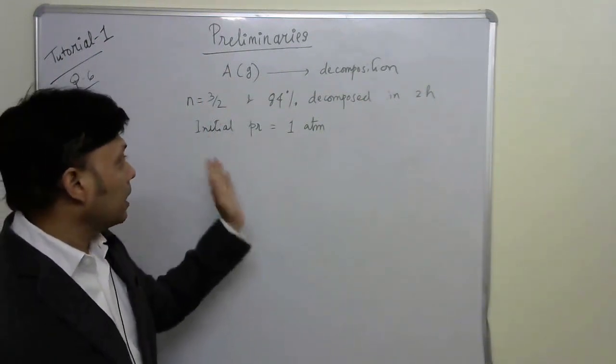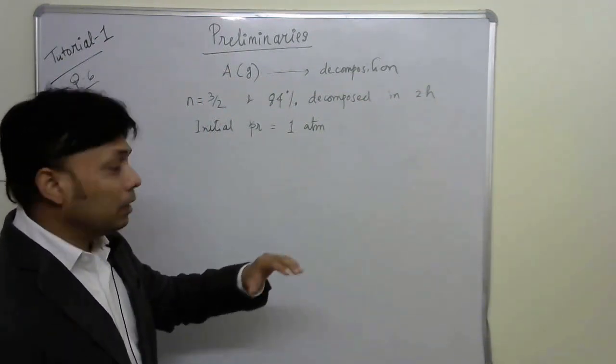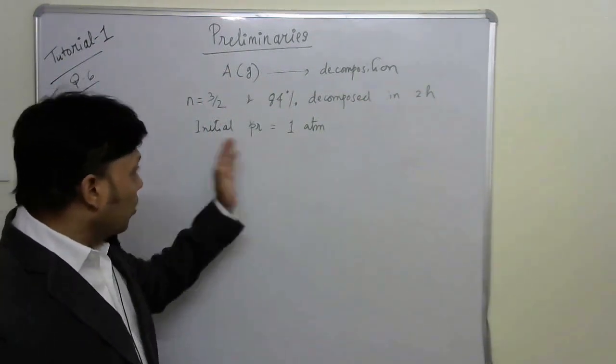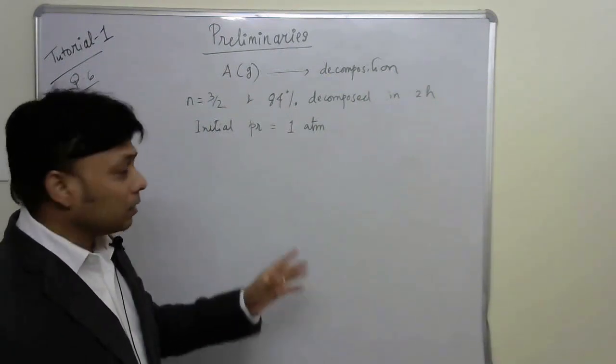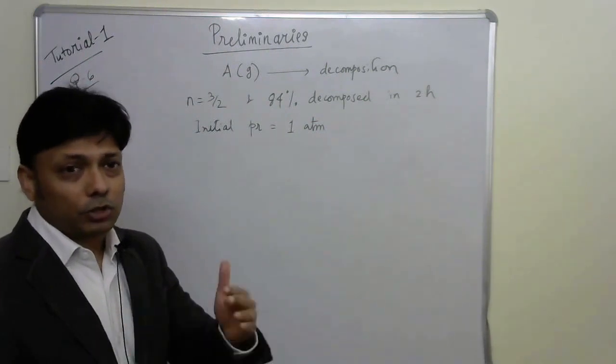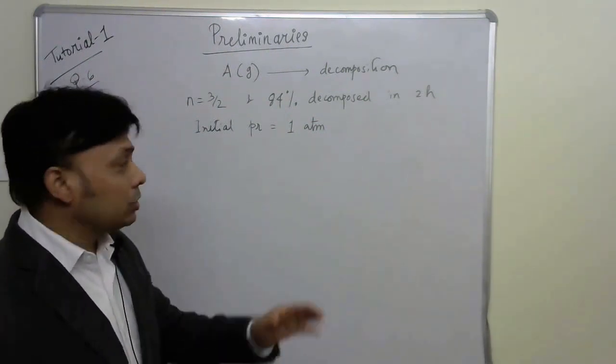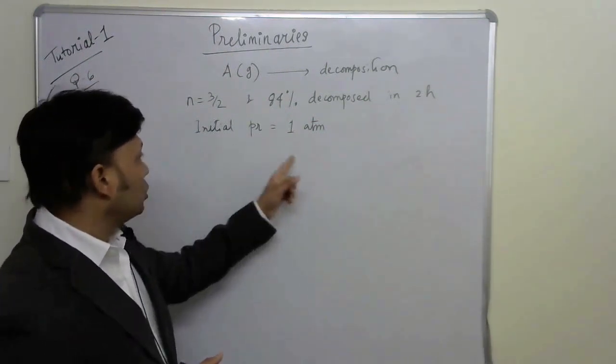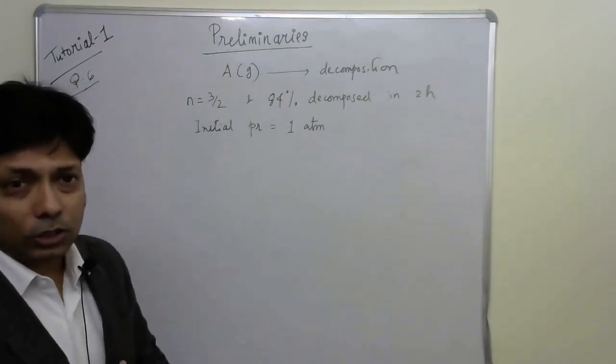Whenever this type of problem is there, we must assume that the reaction is going on in a closed container, so the pressure of the gas is basically the measure of the concentration of the gas. So we treat the initial pressure of 1 atmosphere as the initial concentration.